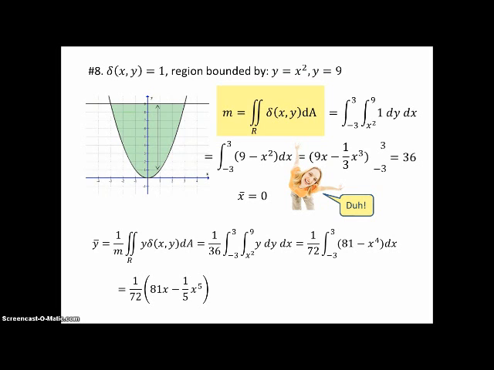So we get 81x minus 1/5 x to the 5th, and evaluate from -3 to 3, and we get 5.4. So our centroid is at (0, 5.4), right about there. Center of mass. In this case, all our references would be in agreement. This is the centroid and the center of mass because the mass is of uniform density.